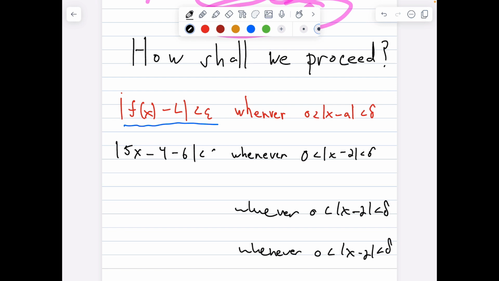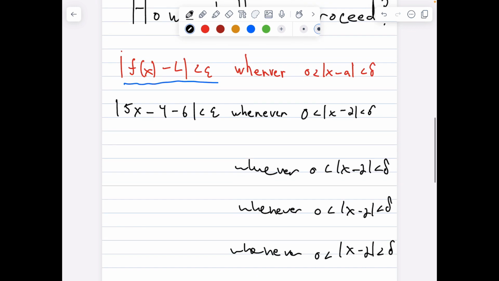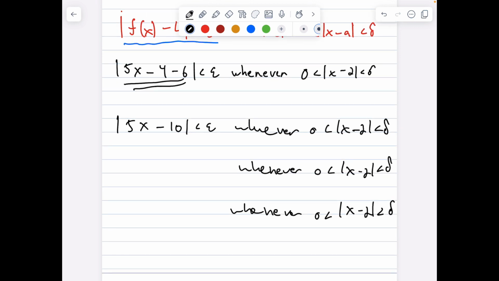I'm going to work with the inside of the absolute value, 5x minus 4 minus 6, and use some algebra to simplify that a bit. So you get the absolute value of 5x minus 10 is less than epsilon, and I'll go over why I'm doing this in a second. The next thing I'm going to do is, notice how you can factor 5. So let's factor a 5 out.